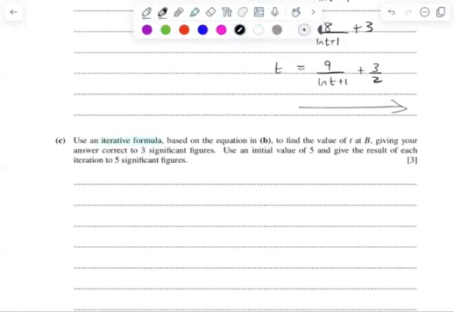So use an iterative formula based on the equation above to find the value of b. Give your answer to 3 significant figures. Use an initial value of 5. Okay, so they've given us T1 is 5. Give each result to 5 significant figures.